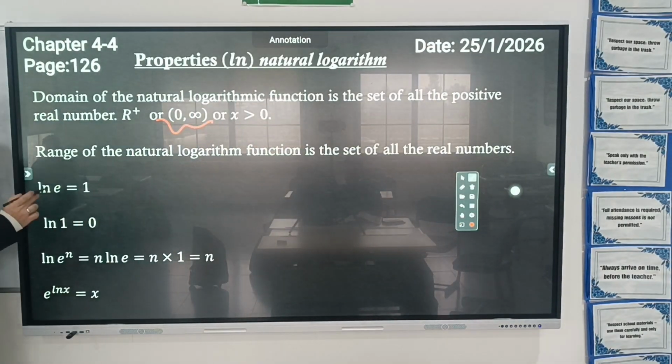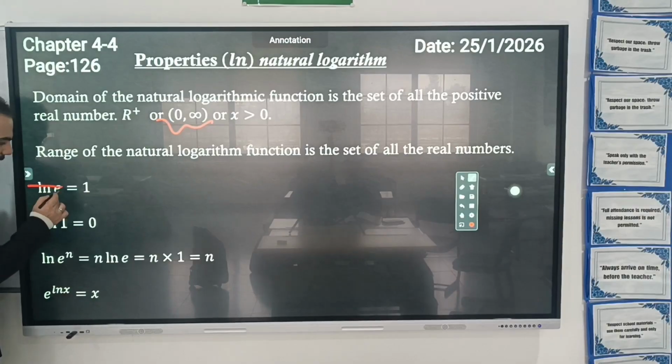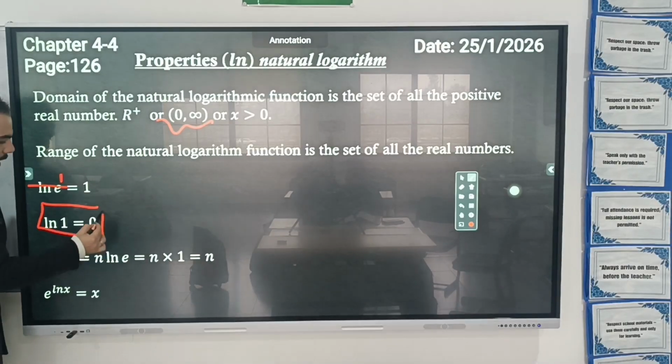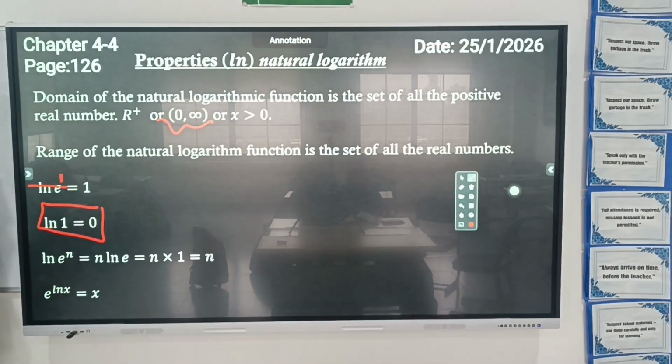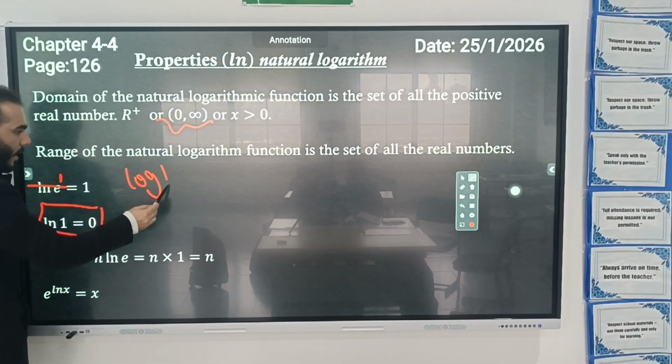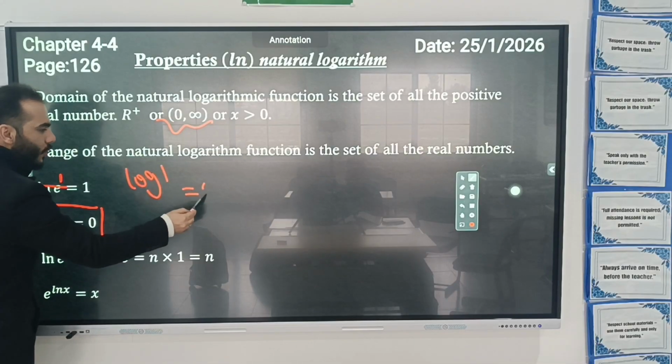Alright, there are some properties that we need to take care of. ln e equals 1, because whenever ln and e see each other, nothing will remain; in fact there is a 1 here, so only that one will remain. Whatever is with e is the remaining part. This is a very important one: ln 1 equals 0. Just like we already studied, the logarithm of 1, no matter what the base, equals 0.